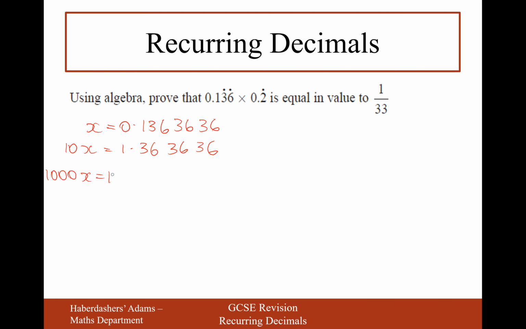X equals 136.363636. The decimals nicely cancel out, so it's going to be 990x equals 135, and then x is going to equal 135 divided by 990. So cancelling out the decimal there, on the calculator you'll get 3 over 22.